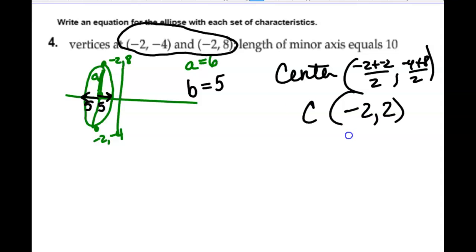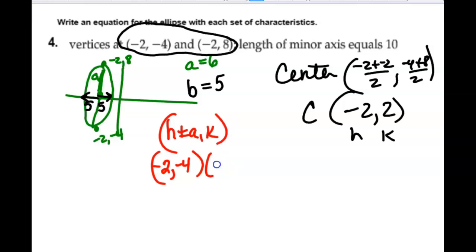So this is the center, so this is H and K. All right, the recipe for vertices when it's going sideways is H plus or minus A comma K. So pick a vertice, which one do you want to use? -2, -4 is supposed to equal H, which was -2 plus or minus A, and K was supposed to be +2. What did I mess up already?